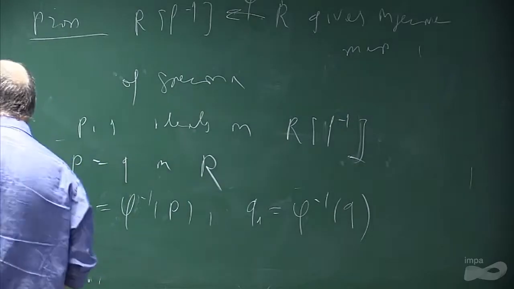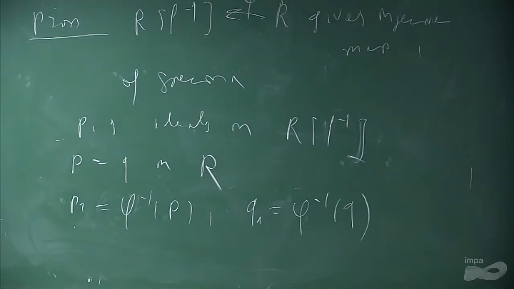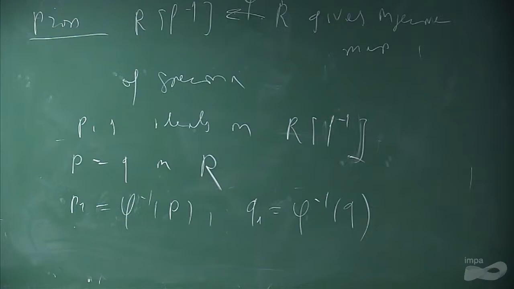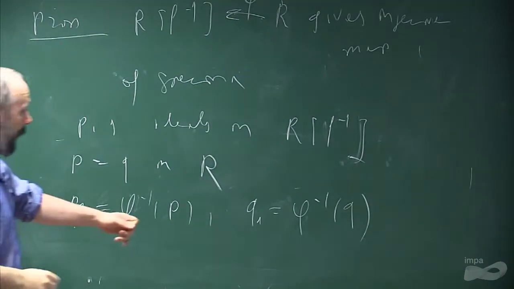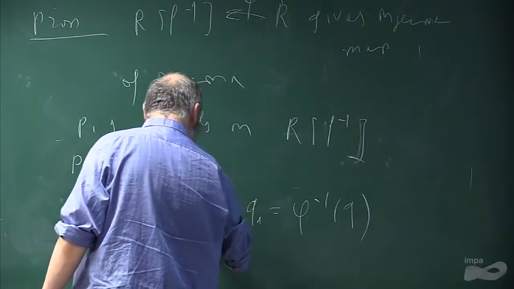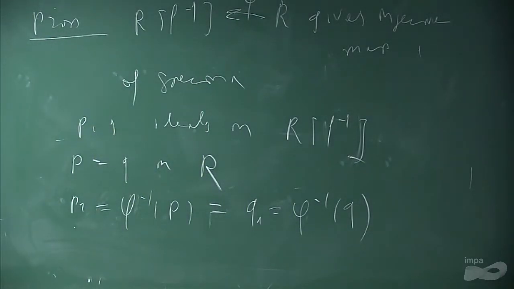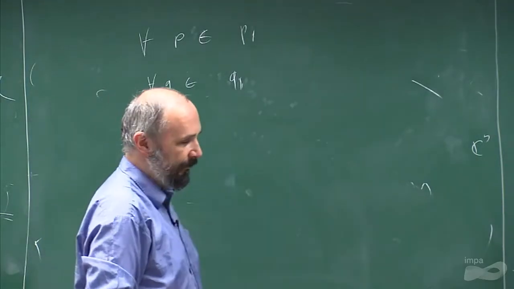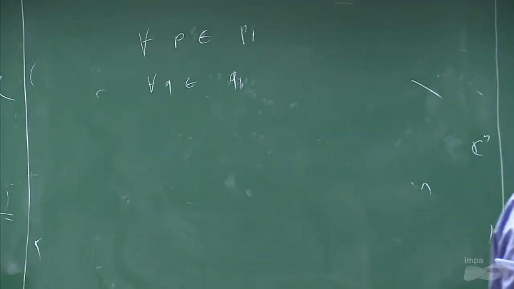For each p inside P1 and each q inside Q1, since by assumption they're equal, well, I'm tired of that.